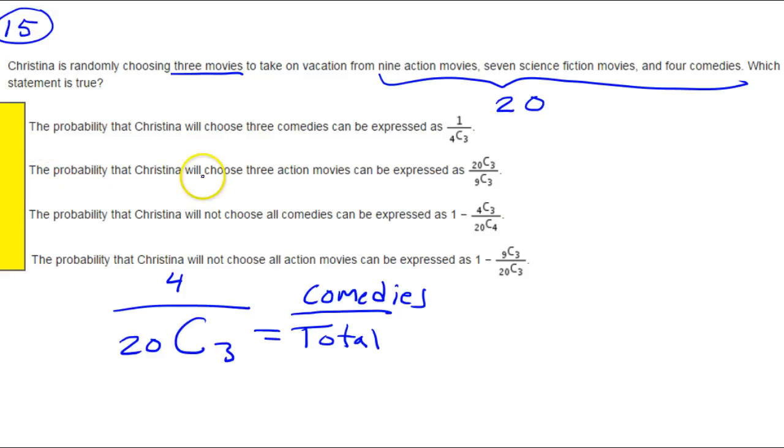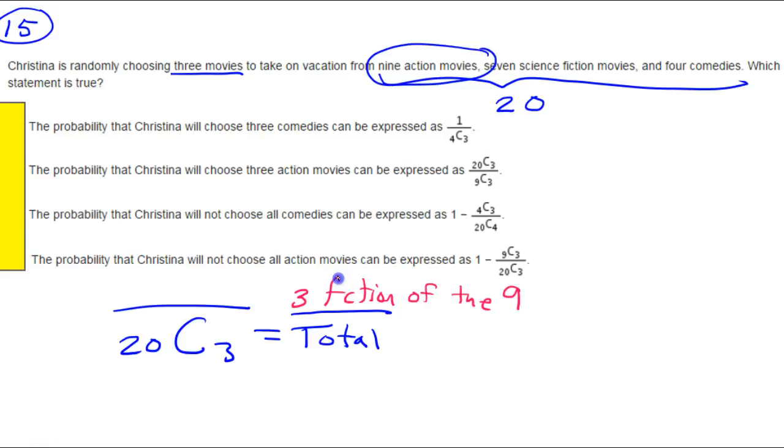Now the probability that Christina will choose 3 action movies. Okay, 3 action movies. Alright, so there are 9 action movies. So that means we're picking 3 action movies out of 9.